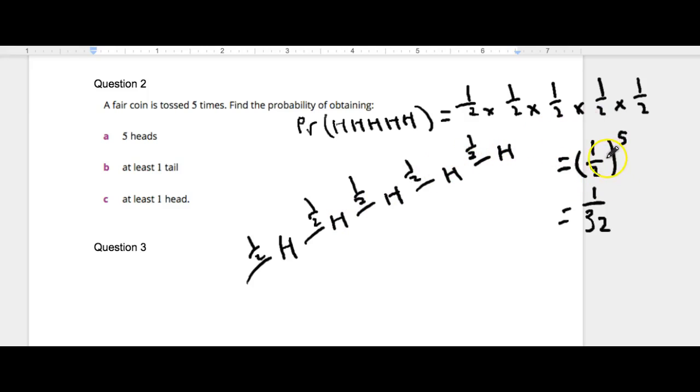It can also be written as a half to the power of 5, which is 1 over 32. You should know how to do this. Remember when we did our index laws in term 2, or you could say 2 times 2 is 4, 4 times 2 is 8, 8 times 2 is 16, and 16 times 2 is 32. So quite easy to do in your head.